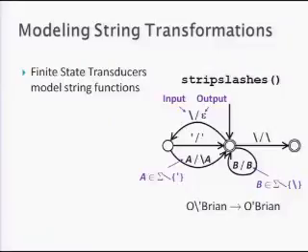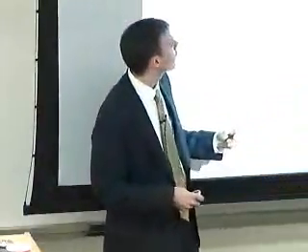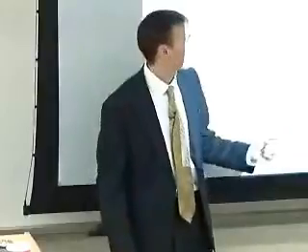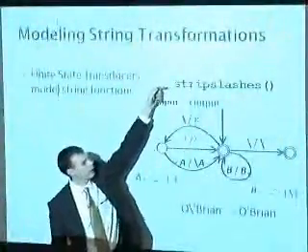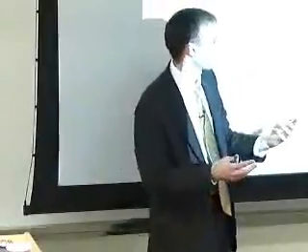Now, modeling string transformations. Finite state transducers are what we'll use to model string transformations. A transducer is basically an automaton with output. The strip slashes function does the opposite job of add slashes: where add slashes puts a slash in front of every quote, strip slashes removes it.